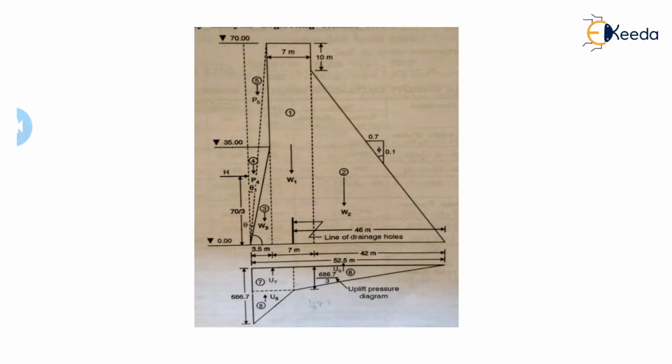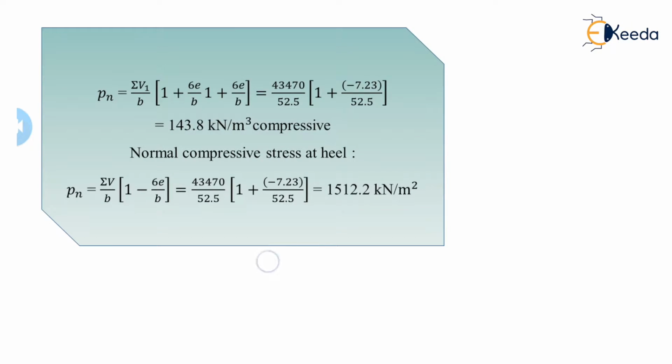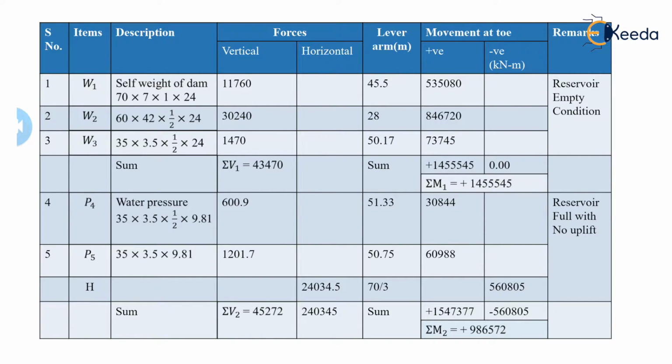If you remember, in the given data, the unit weight of concrete, because this body of a gravity dam is constructed with the help of concrete, so we have to take the unit weight of concrete only. When we multiply this equation with the unit weight of concrete, that is 24 kilonewton per meter cube, finally we will get the W3 value as 1470 kilonewton. That is your force.